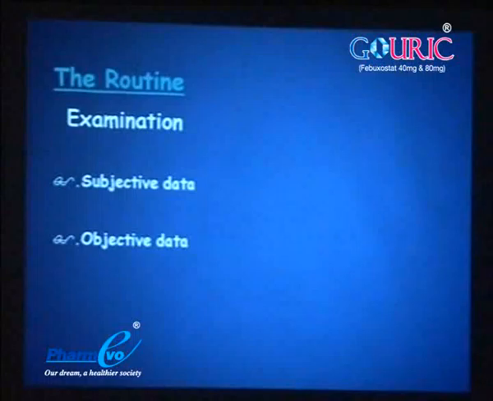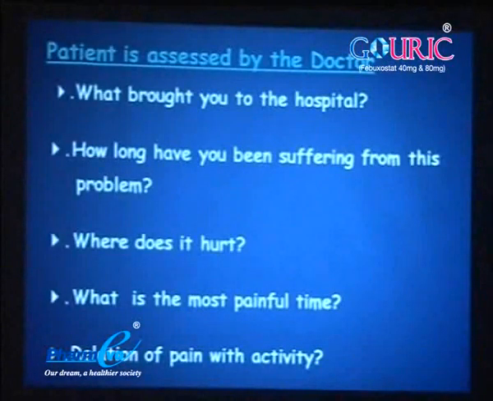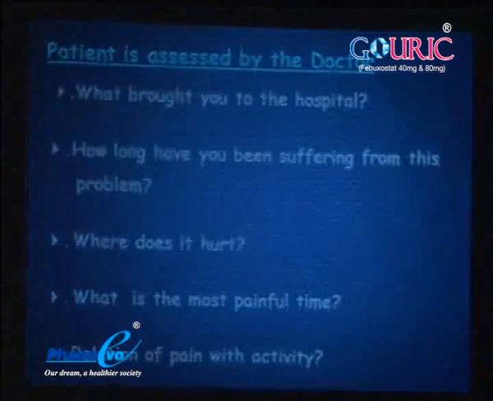Before proceeding, I would like to talk about the routine in the rheumatology department. When the patient comes to the doctor, the examination, including subjective and objective data, is taken by asking the patient some questions: what brought you to the hospital, how long have you been suffering from this problem, where does it hurt, what is the most painful time, and the relation of pain with activity.